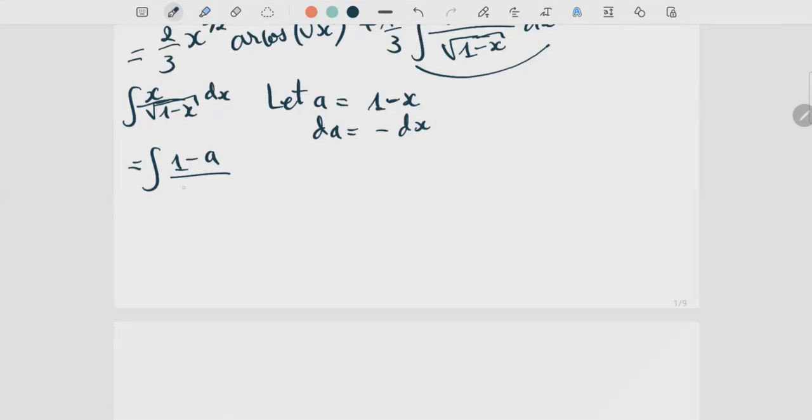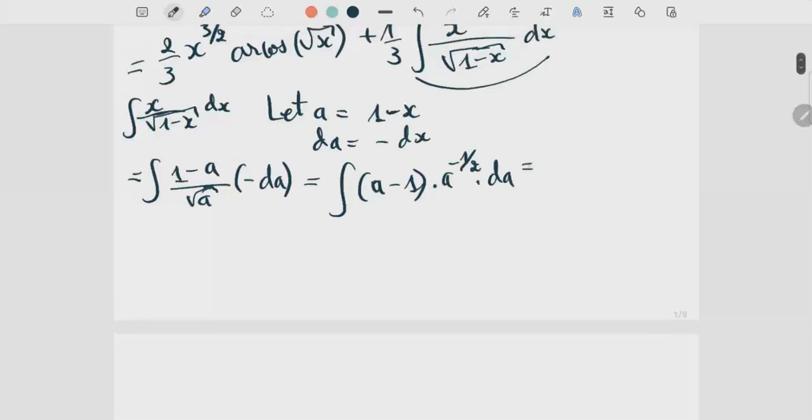Divided by the square root of a multiplied by negative dA, right? And if you simplify this further, it will become a minus 1, sorry, multiplied by a to the negative 1 over 2, multiplied by dA.